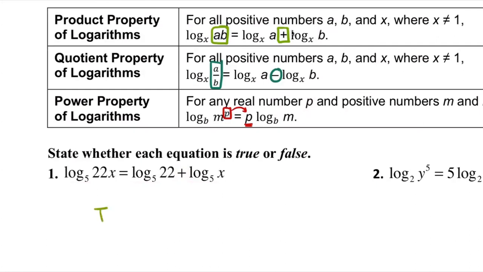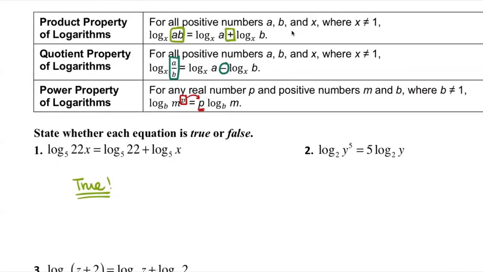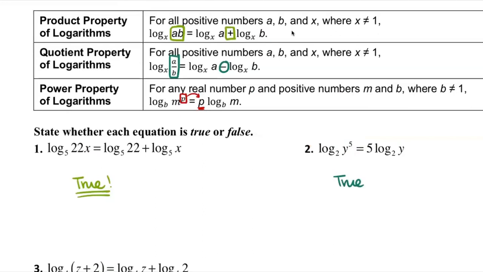So yes, that is true. Number two, my argument has an exponent, so I know I can bring this down to be 5 log base 2 of y, which is exactly what this one has.